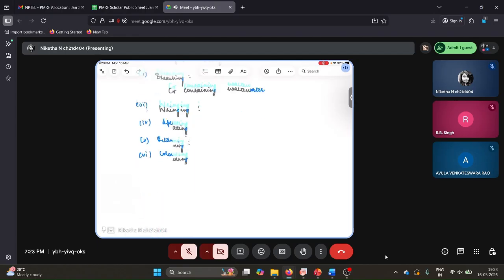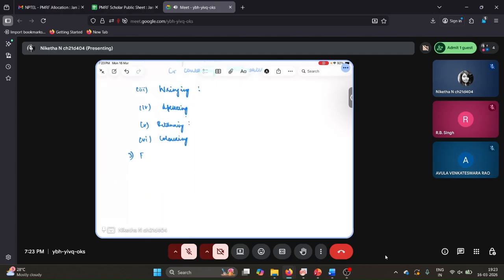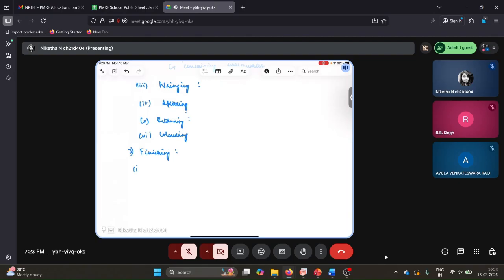The next step is finishing. In finishing, we add fats. This is fat liquoring. That's the first step in the finishing process.